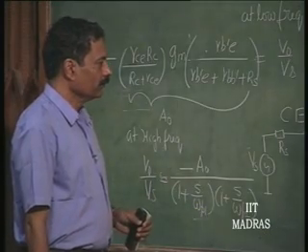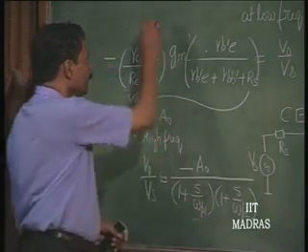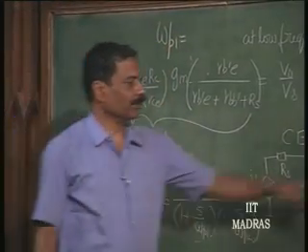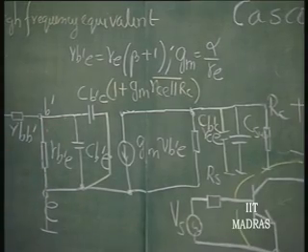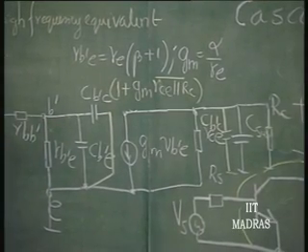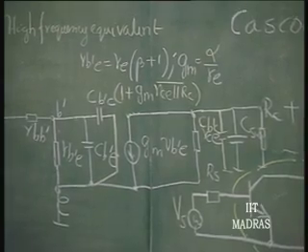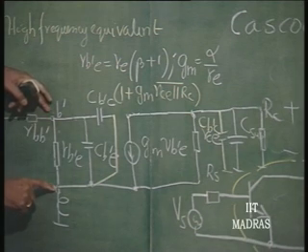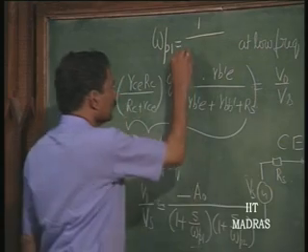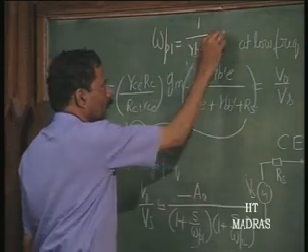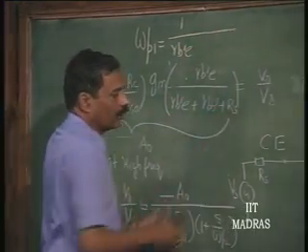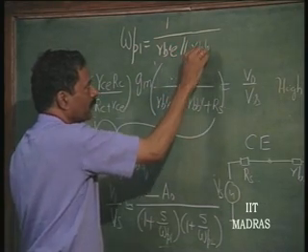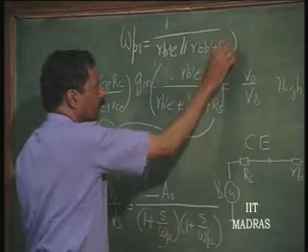So, now we can indicate what omega P 1 is going to be. Omega P 1 is going to be determined by the time constant at the input. It is 1 over the time constant. So, 1 over what is the net resistance across these capacitors, R B dash E parallel R B B dash plus R S. This is important.